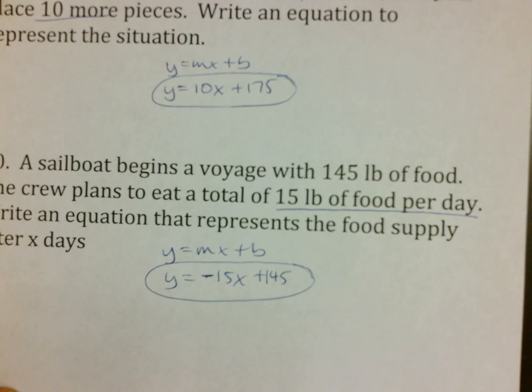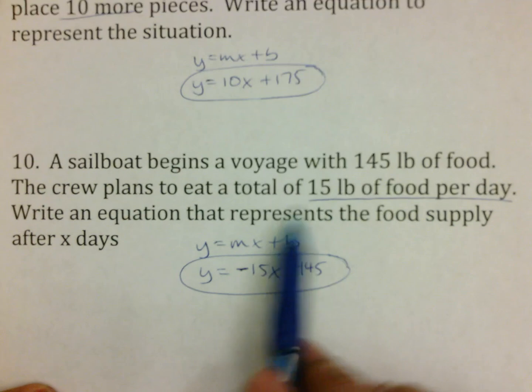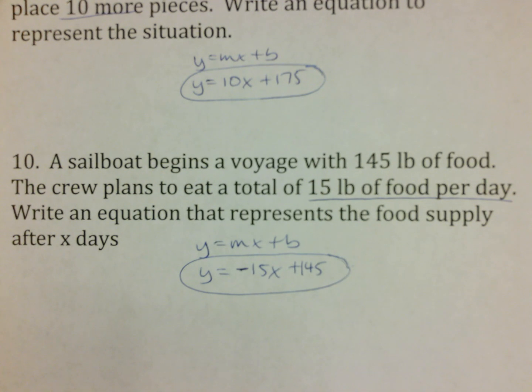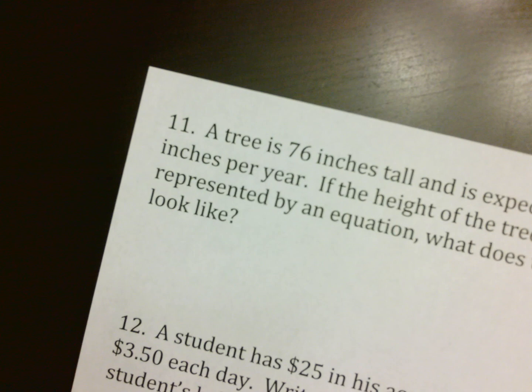So again, that negative slope is important, so read and understand it. This situation is a negative rate of change because it's going down. Your food is actually going the opposite direction of where you want it to go, and so you have to represent that with a negative sign in that problem.